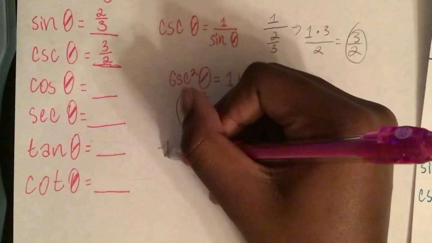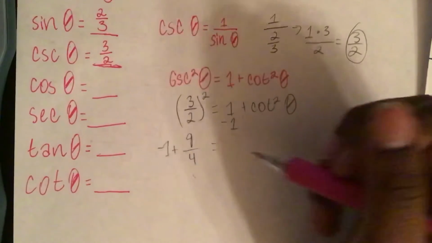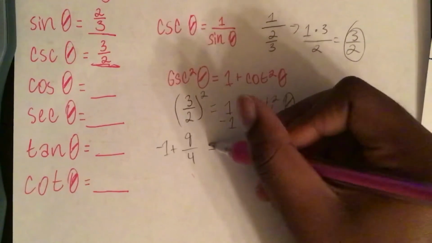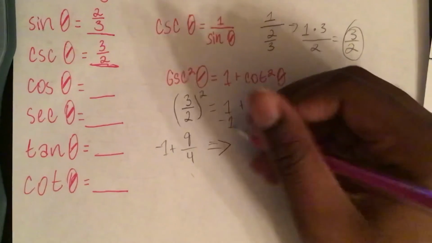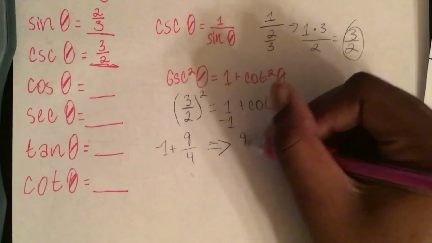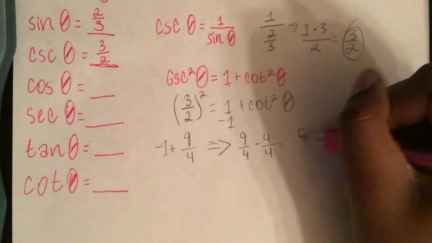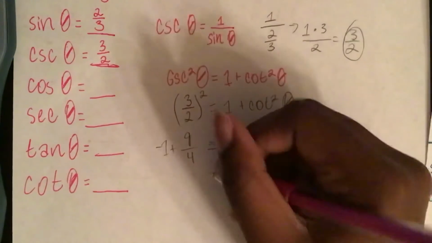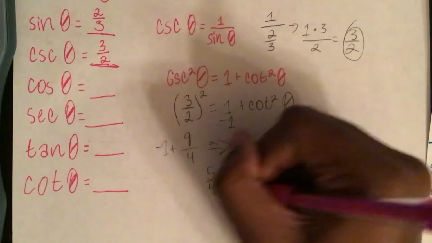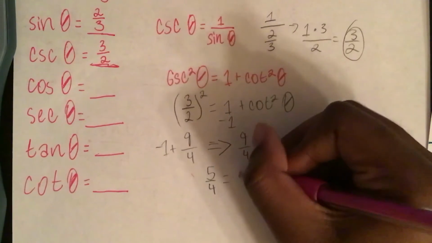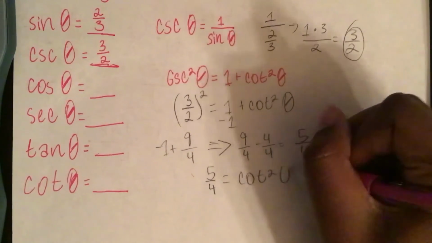So -1 plus 9/4. When we put that on the same denominator, we're going to get 9/4 minus 4/4, which is going to equal 5/4. So 5/4 equals cotangent squared of theta.